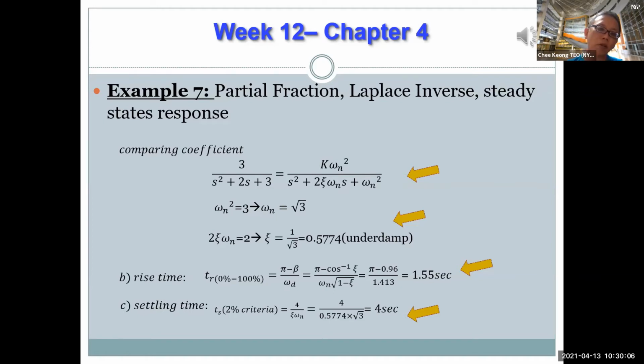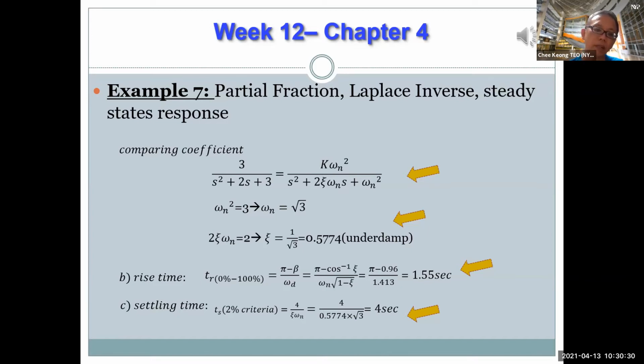Now, of course, continuing solving the question, the last part asks you to find the rise time and settling time. To find these, first of all, you need to find zeta and omega n. Remember, in the previous chapter, we said that so long as you know zeta and omega n, it is very easy for you to know any of the timing parameters, right?